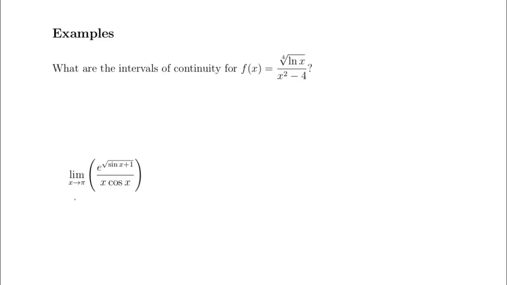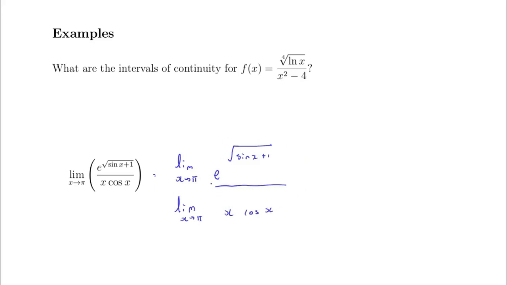It means that if we want to either find this limit or find these intervals of continuity, we can think about this composition pretty easily. Let me maybe start with the second one here. If we want to find this limit, we'll say this is the same thing as the limit of the quotient, e to the square root of sine of x plus 1 over the limit as x approaches pi of x cosine x.